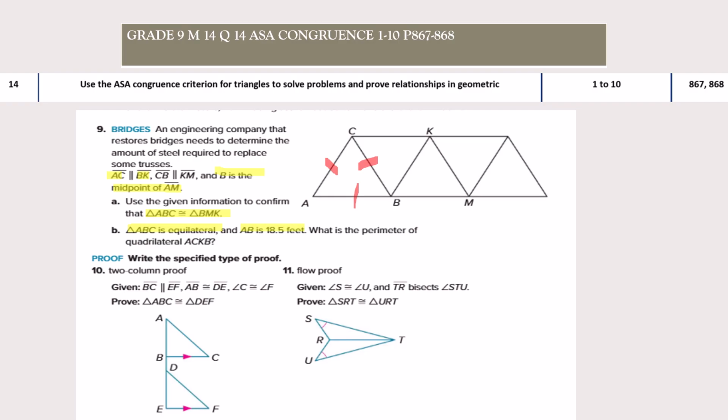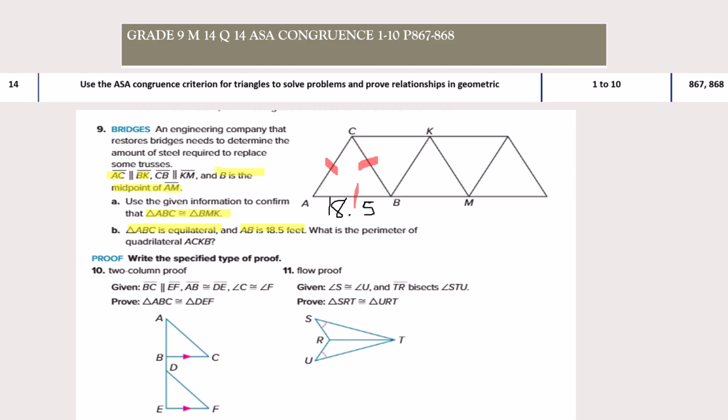So go to your diagram, fill in 18.5. Whenever information is given to you, go to the diagram and fill it in. You would find that it makes it much easier to see the information. So now we can conclude that if AB is 18.5, AC and CB will also be 18.5.